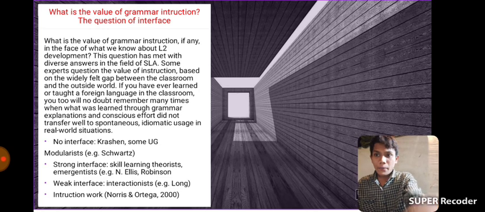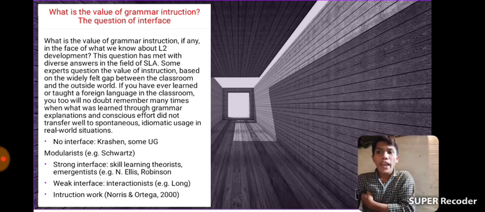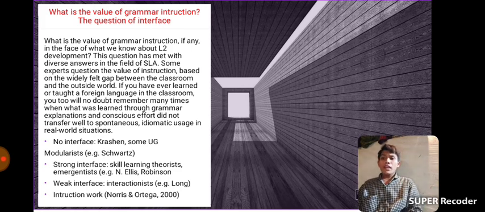Okay, next. What is the value of grammar instruction? The interface. What is the value of grammar instruction, if any, in the light of what we know about L2 development? This question has met with different answers in the field of SLA. Some experts question the value of instruction based on the widely felt gap between the classroom and the outside world.